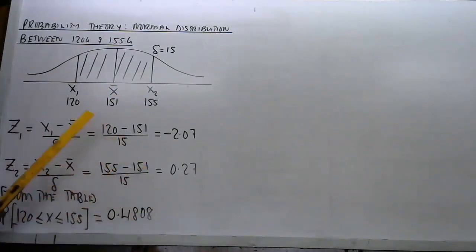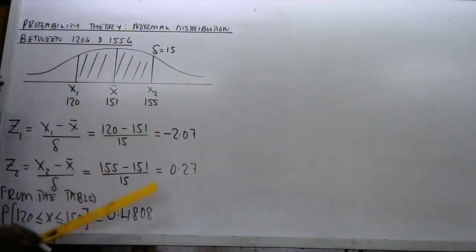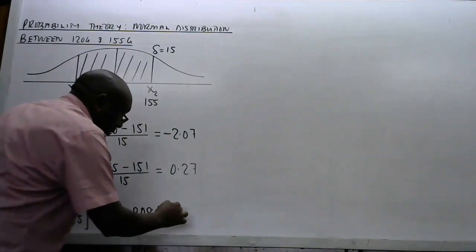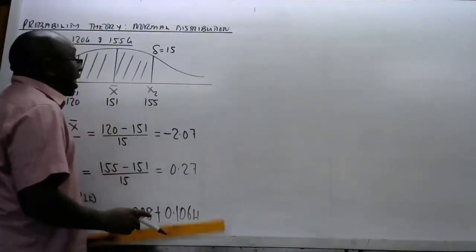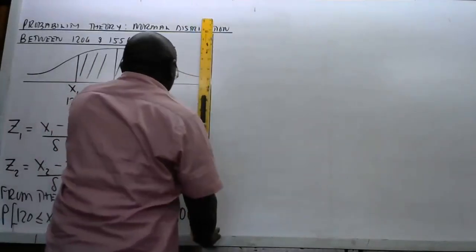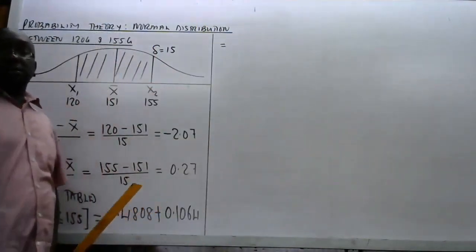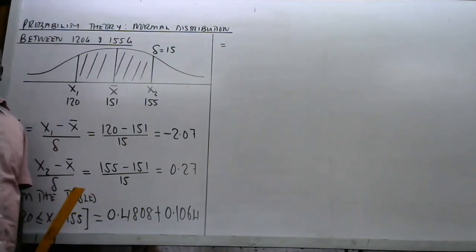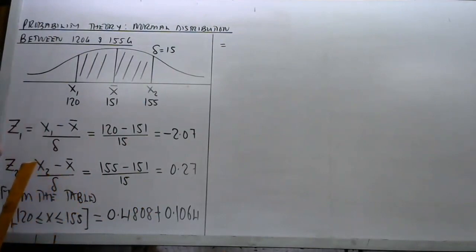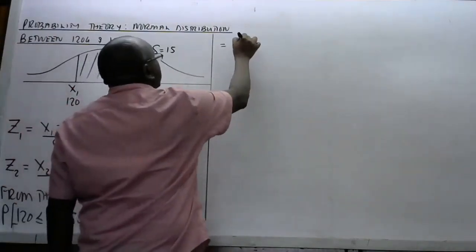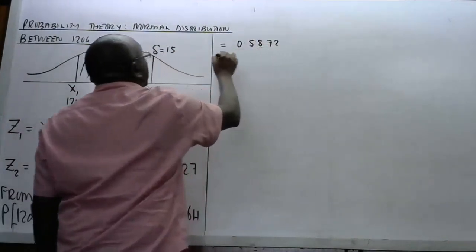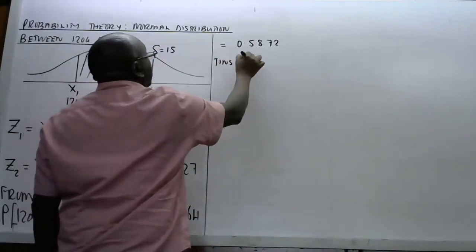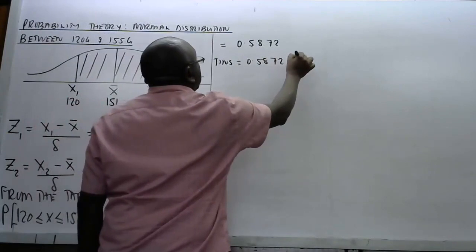Now from the mean of 151, we read the other one, for 0.27, which is 0.1064. When we add those, this becomes 0.5872. So the tins will then be 0.5872 times 500.